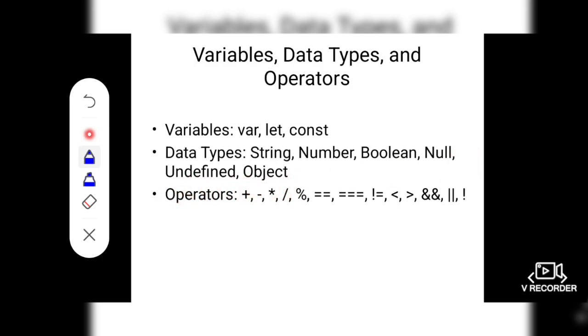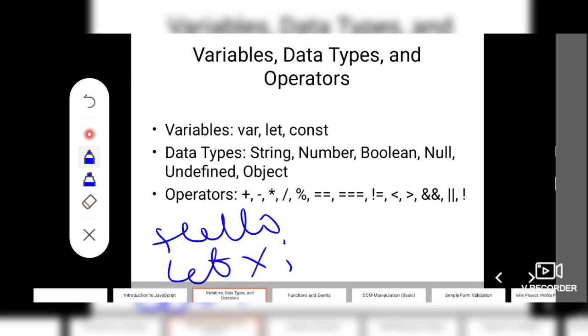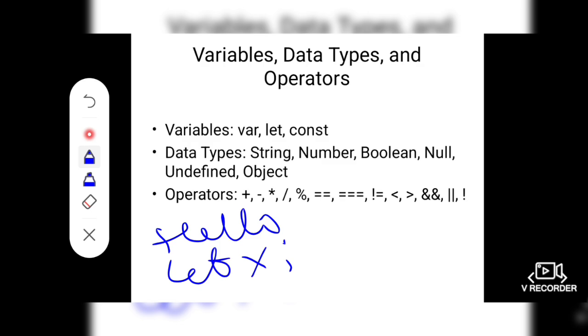String is a group of characters like hello. Number. Boolean, true or false. Null. Undefined means, see, let x. This is called undefined, where we do not mention any value for x.